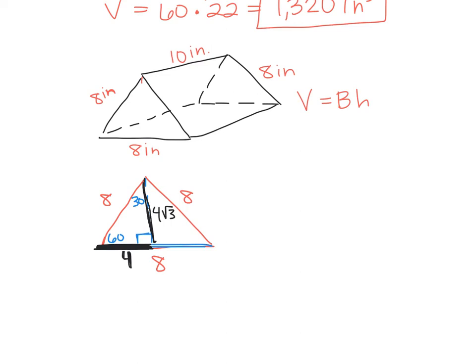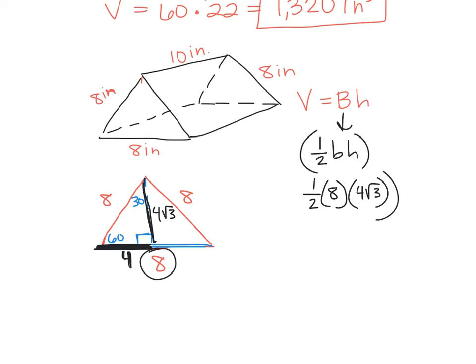What is the area of that triangle going to be? What's B? If we're doing 1/2 base times height, that's going to be 1/2 times what? B is the 8. What's H? 4 rad 3.